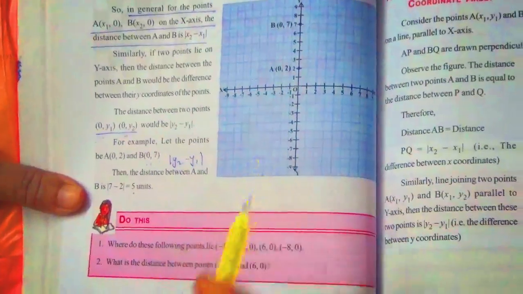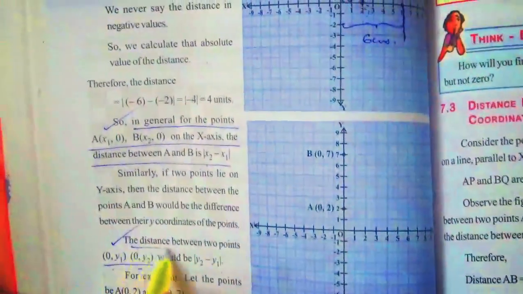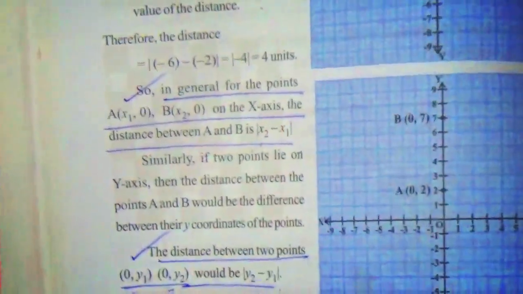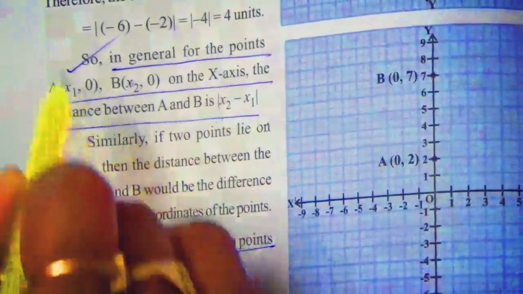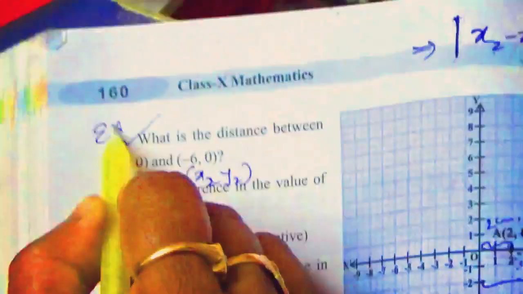Before starting this, you just write these 2 points, and first write this point and then write this example one.